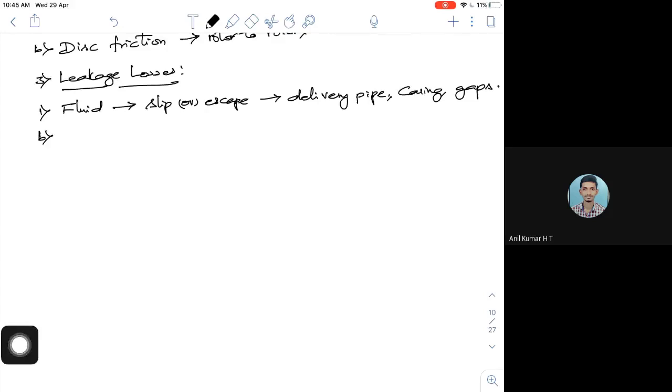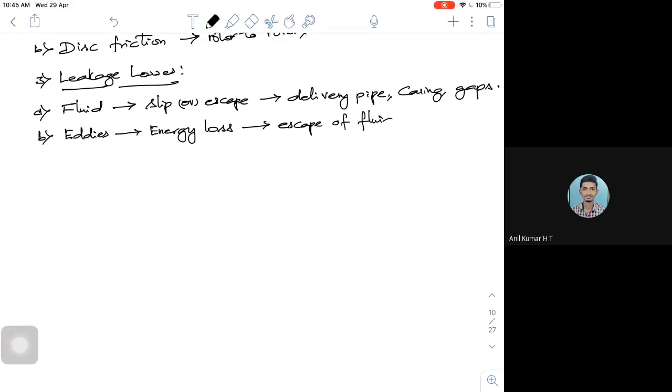The second one. Liquid leaks because of the eddies. The eddies, we have already seen, are mainly because of the hydraulic loss. Eddies will lead to energy loss, which is hydraulic loss, and that may lead to escape of the fluid.